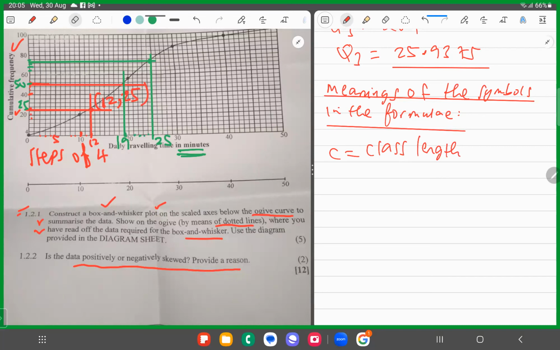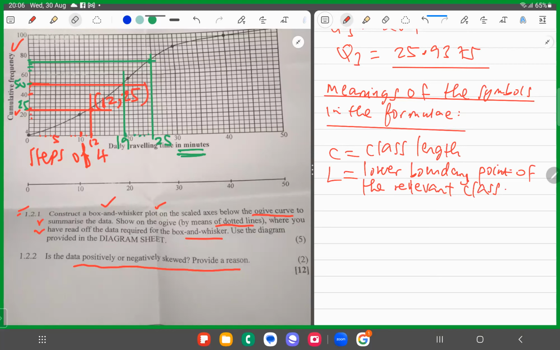Right, so C in these formulas becomes the class length. For example, the L stands for the lower boundary point of the relevant class.